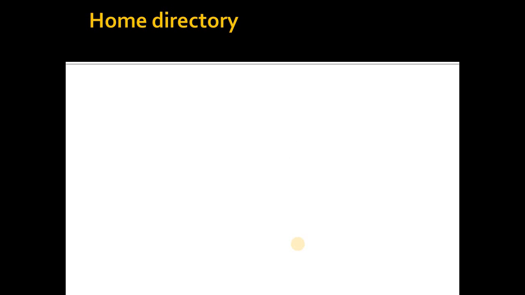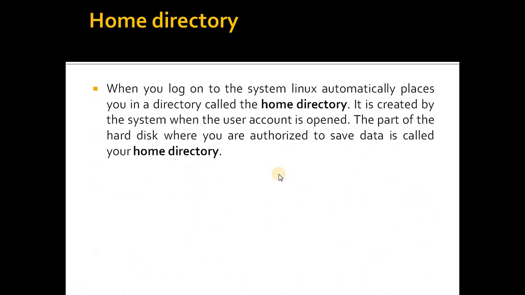Next we'll move on to a very important point in the Linux operating system, that is the home directory. When you log on to the system, Linux automatically places you in a directory called the home directory. It is created by the system when a user account is opened. The part of the hard disk where you are authorized to save data is called your home directory.